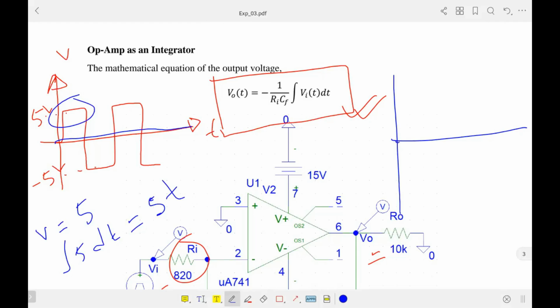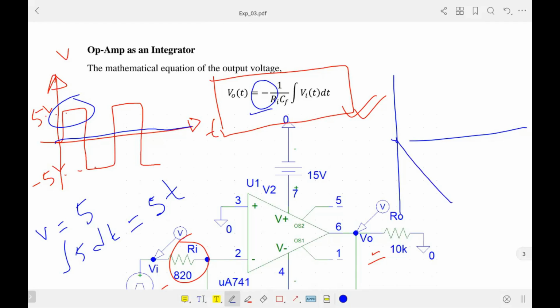So this will be like this, and in the expression we have a minus sign in front of this. That's why the output will actually be in this direction. Why? Because we have a minus sign in front of this.